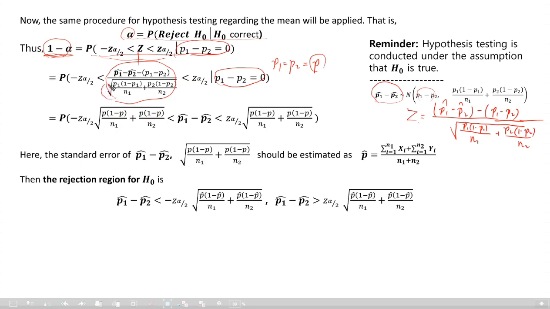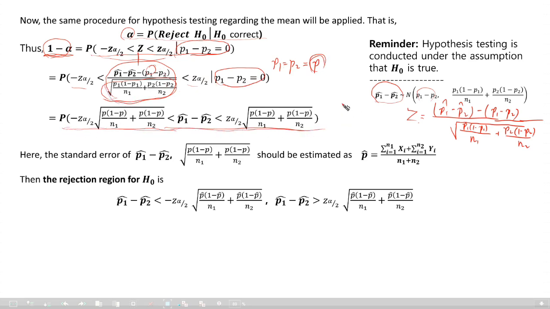Okay, here, this standard error of P1 hat minus P2 hat, multiplied through every term, then we get this equation. P1 equals P2, so this value is going to be 0, right? So you have to note P1 equals P2, it's P. Substitute that into this equation, then we get this one.